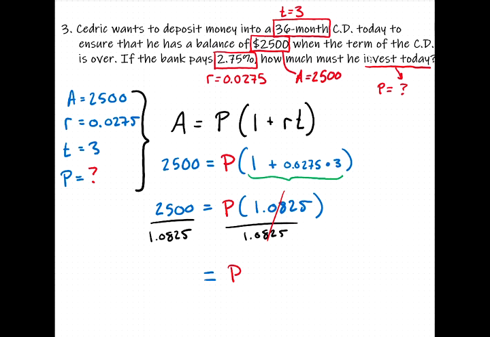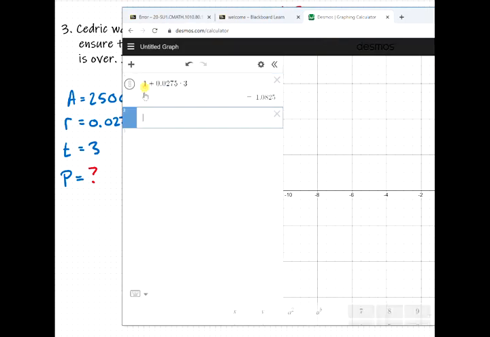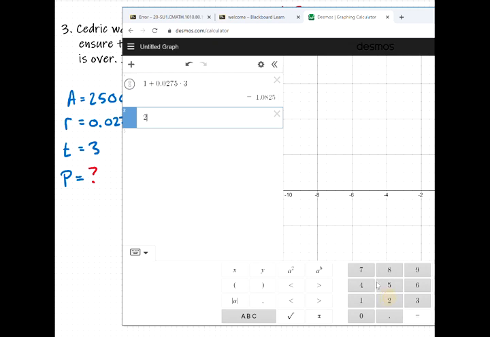Okay, so we'll do 2,500 divided by 1.0825. Let's start a new line. $2,500 divided by 1.0825, and we'll round this to the nearest penny, so 2 decimal places.